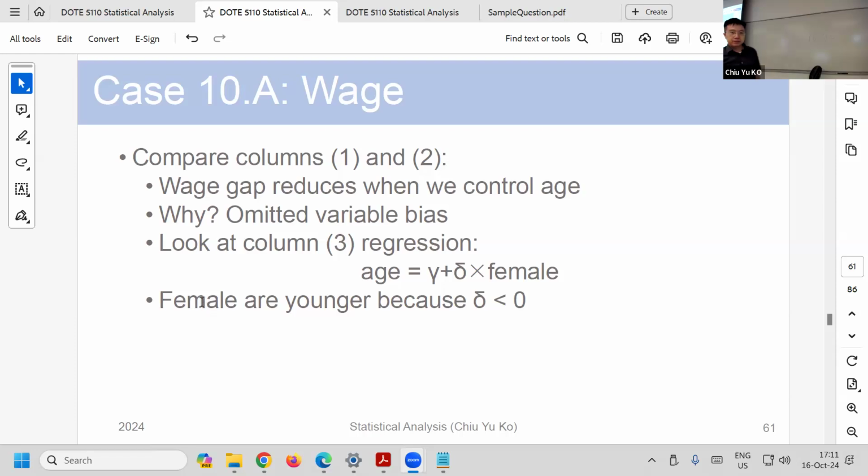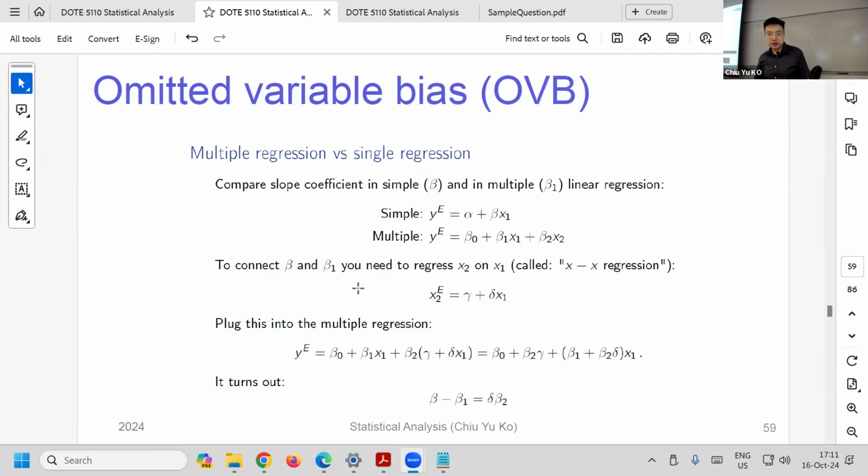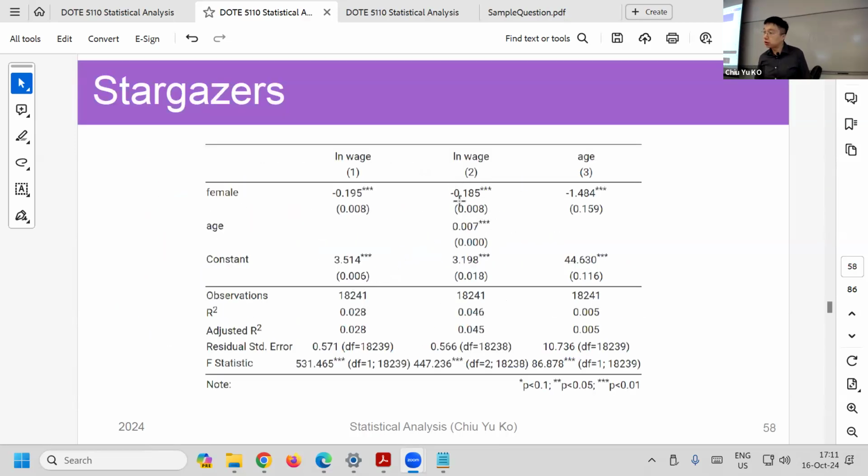So when we control for age, that actually gets smaller, because the effect compared to this is negative. Older you get, you earn more, and in this model you forget about age. But they're younger, so when you include age there, that will actually become less, because you consider age. Because female are younger, and you say older people earn more. So that is the reason why it's here.